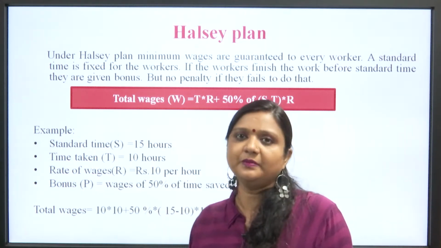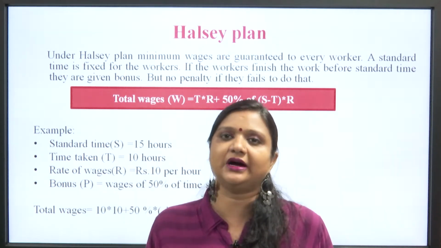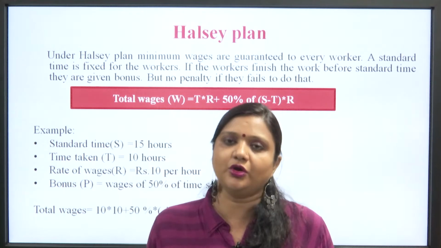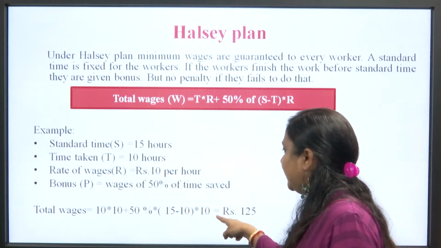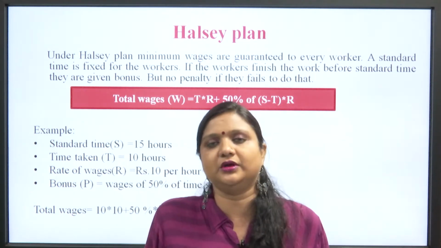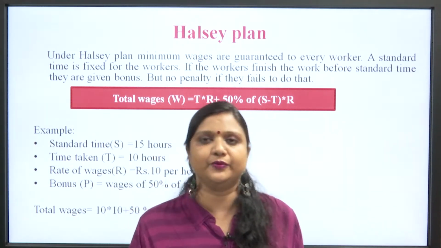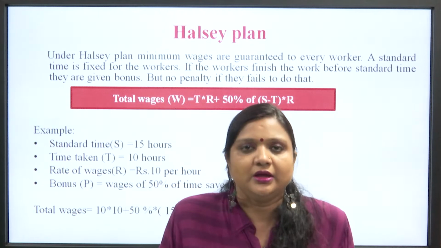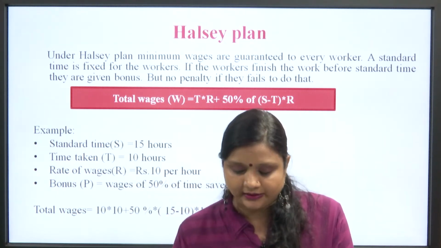How is the time saved? The standard time is 15 and the actual time taken is 10, meaning 5 hours are saved by the employee. So, 15 minus 10 multiplied by 10. So, the overall total wages that should be given to a worker is about 125 rupees. So, this is the formula that is used under this particular plan.